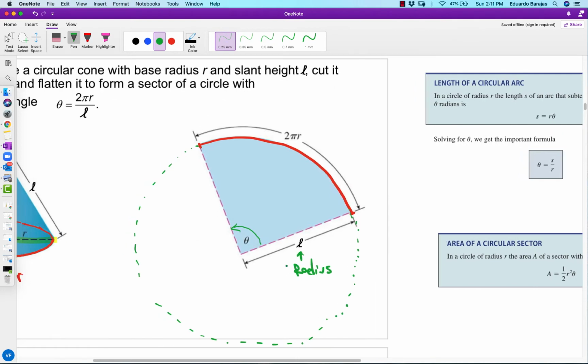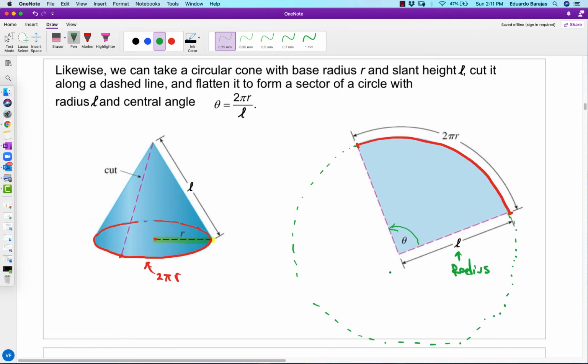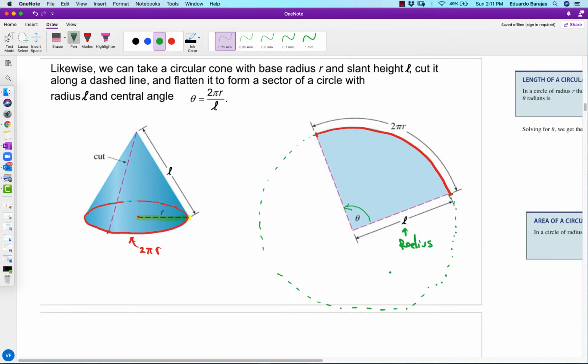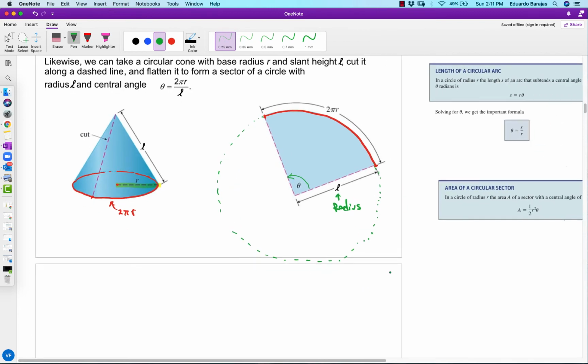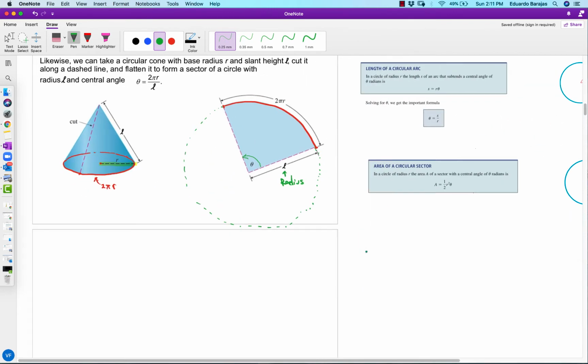So now if we come back over here and we want to find the area of this segment, using that formula right there, we get that the area of this blue region is going to be equal to 1/2 radius times radius, radius squared, times the angle.